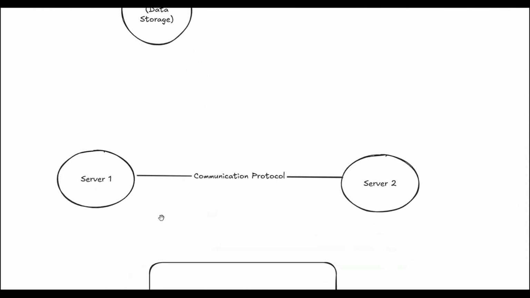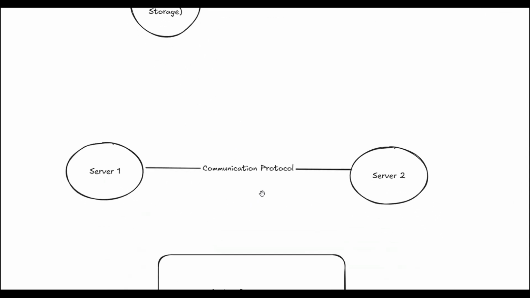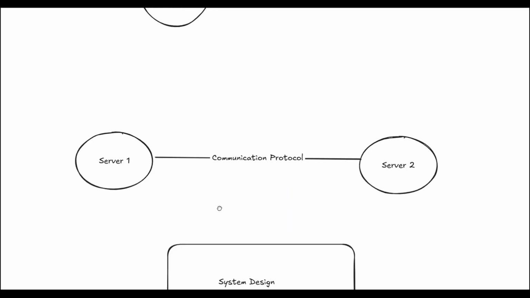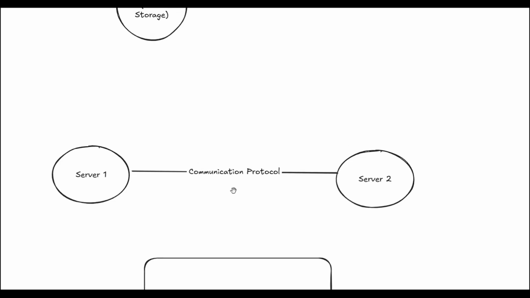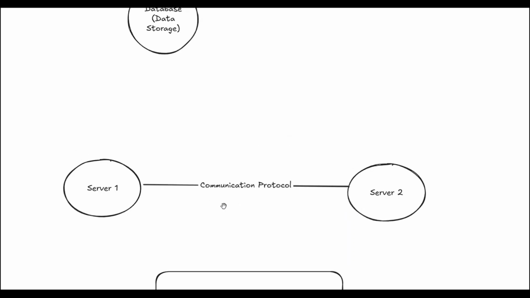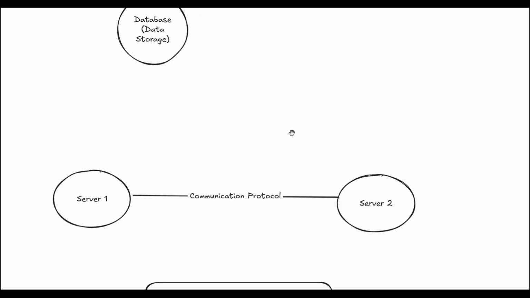Okay, from here we go to learning about communication protocols, which are very important. Things like HTTP or WebSockets, for example, where you have some web service here in server one and some other web service in server two, and you need to communicate between them. So we have to know a little bit about HTTP at least in order to use that, or WebSocket.